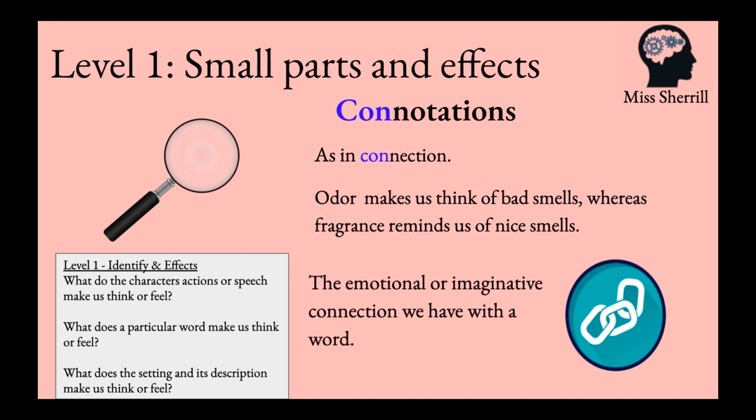It's also the emotional or the imaginative connection we have with a word. Just like odor makes us think smelly, fragrance makes us think good, smells good. It's an emotional or imaginative connection we have with a word. That's what a connotation is. And that's what just happened in the odor fragrance example.